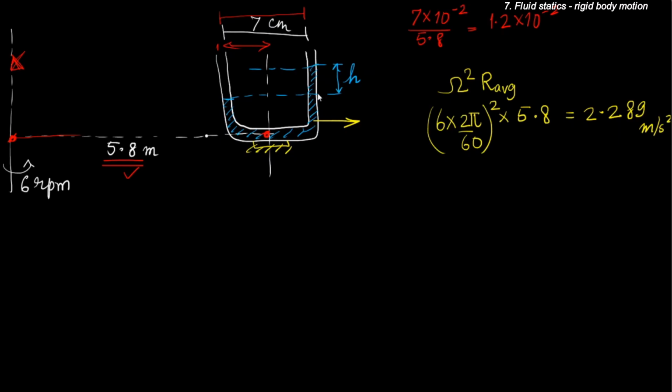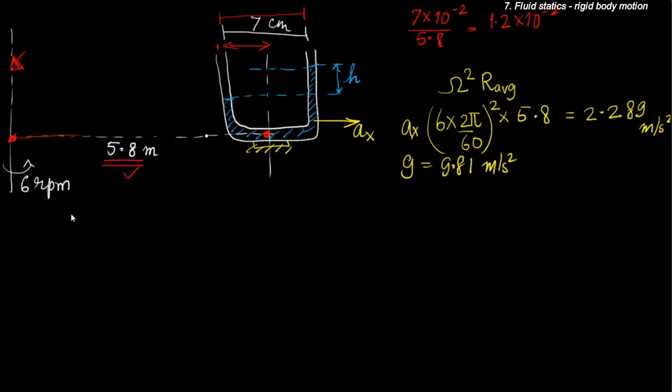So on this mass of fluid, this is the acceleration. Let us say this is ax. Now in the z direction, the acceleration is going to be g, which is 9.81 meter per second square.